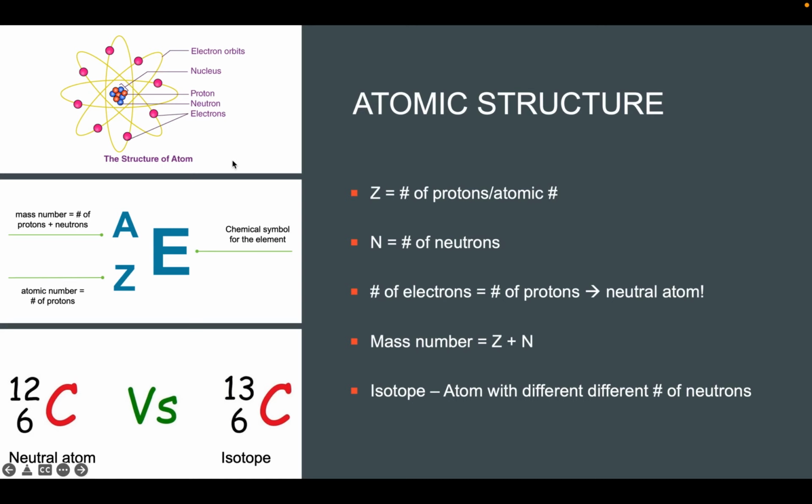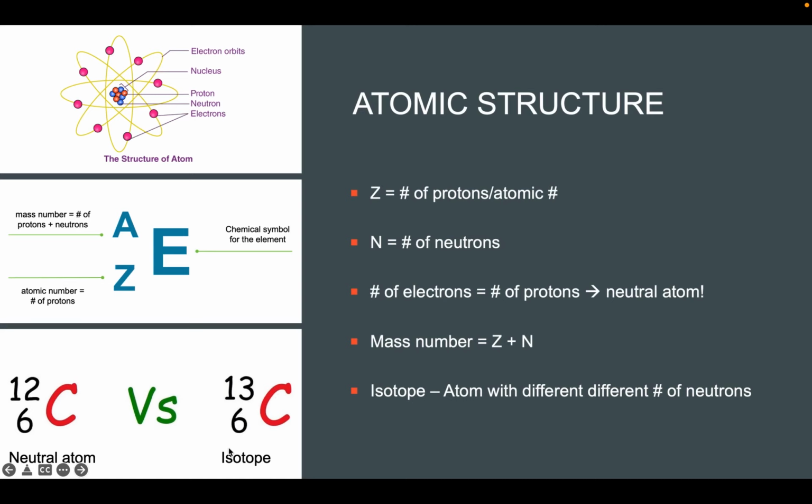Another key thing to note is that the number of protons and the number of neutrons typically equal each other out. So 6 plus 6, protons plus neutrons, gets you to 12.